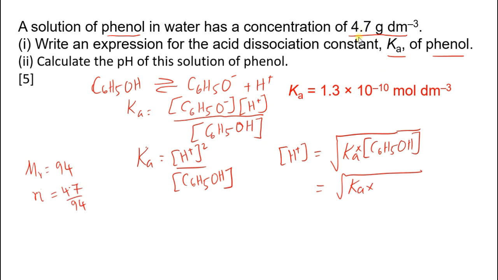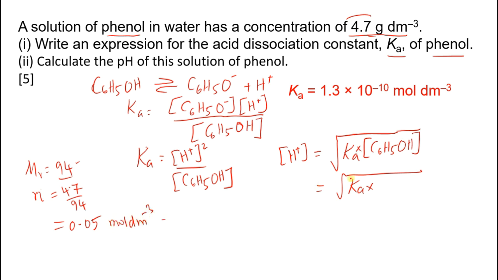So you convert 4.7 gram into moles, because we want the concentration in mole per dm cube. We just divide 4.7 by the formula mass of phenol, and that gives us 0.05. This was the mass present in a liter, so this is the concentration in mole per dm cube.